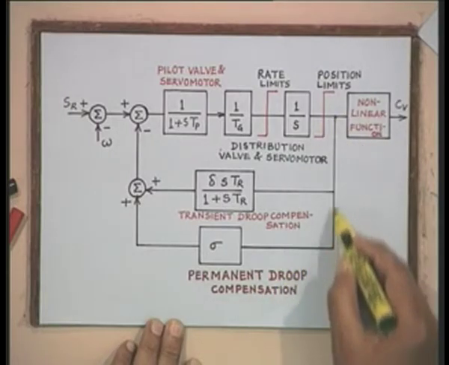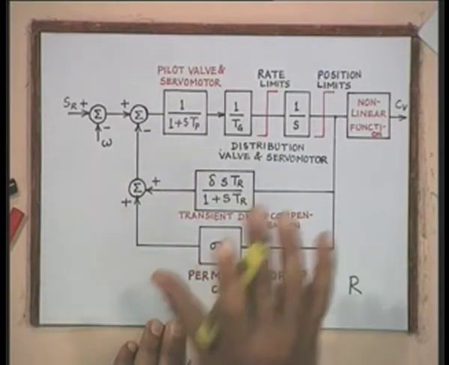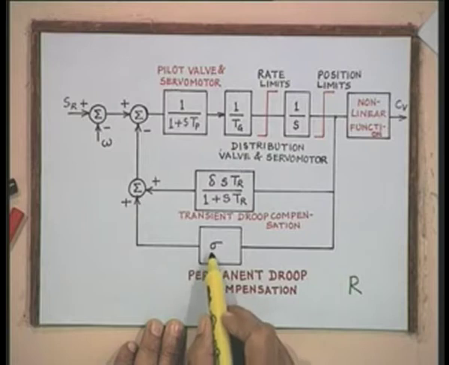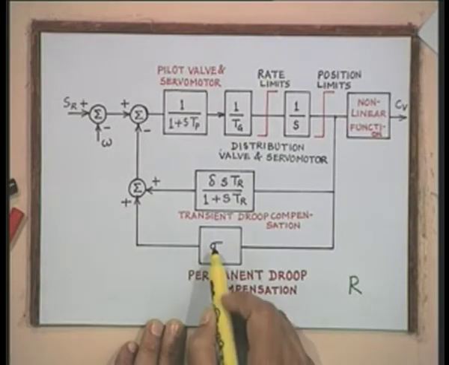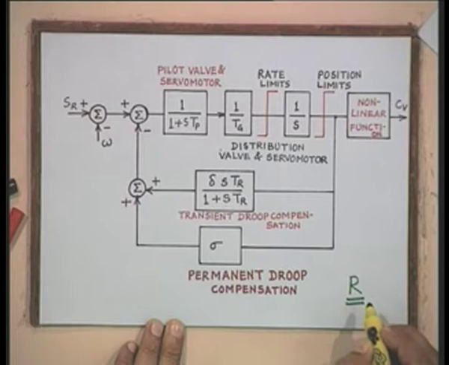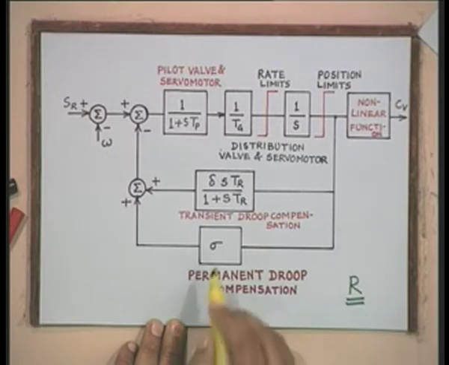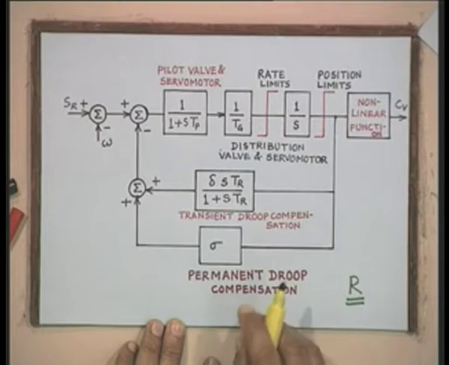Then the other feedback which was shown in the block diagram is through this sigma. Now, this sigma is the same as R which we actually use in the models for the governors. This sigma is known as the permanent droop.